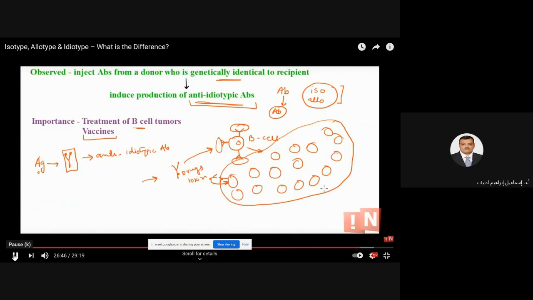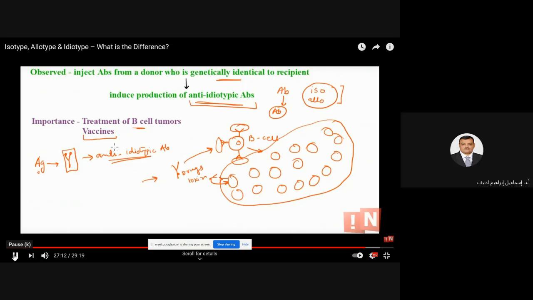And as I said initially, the whole concept of antigenic determinants is because antibody itself is a protein that can act as an immunogen. So these new idiotypes are very new to your body, and that itself can be recognized as an immunogen, and your body will again produce antibodies against these idiotypes. So that is anti-idiotypic antibodies.